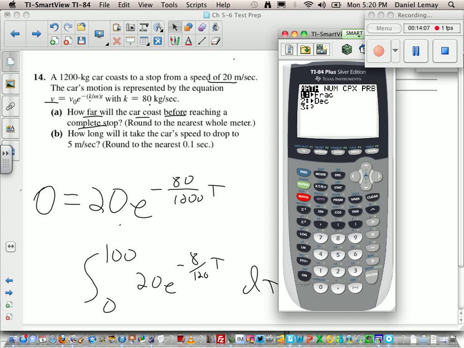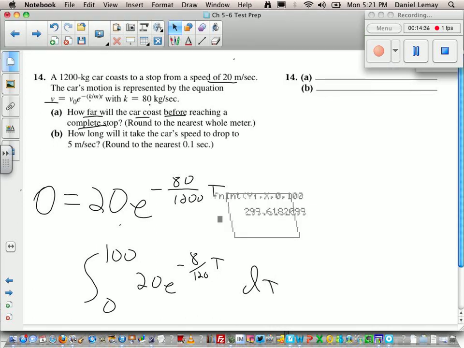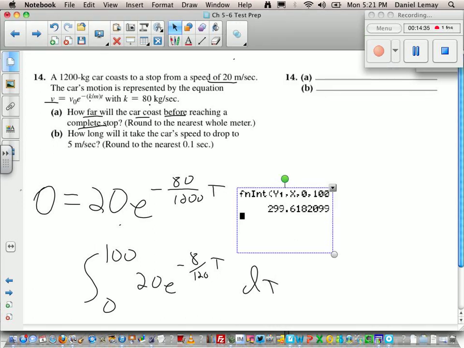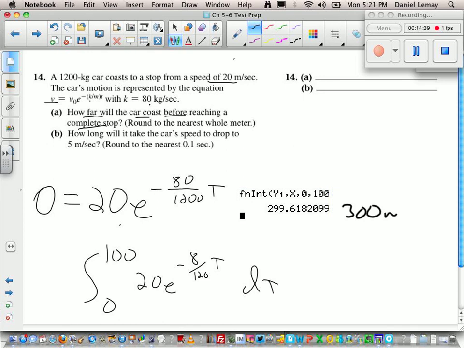But remember, I have that equation in y1. I can just type in those key presses, and that'll dump that y1 function there. X comma 0 comma 100. And they want this rounded to the nearest whole meter, so it traveled about 300 meters. Okay, so about 300 meters in that 100 seconds.